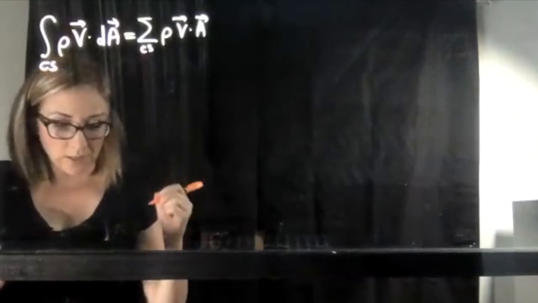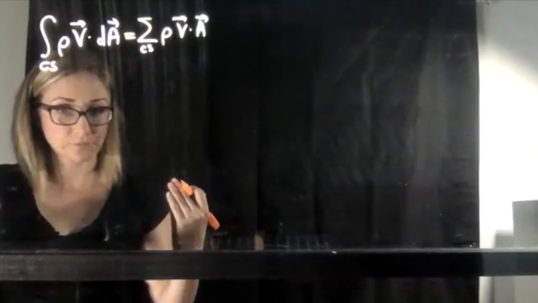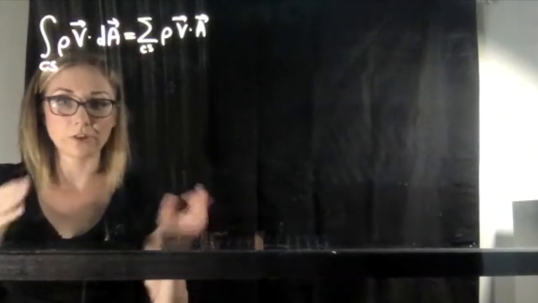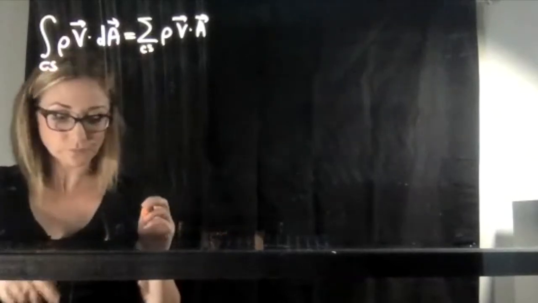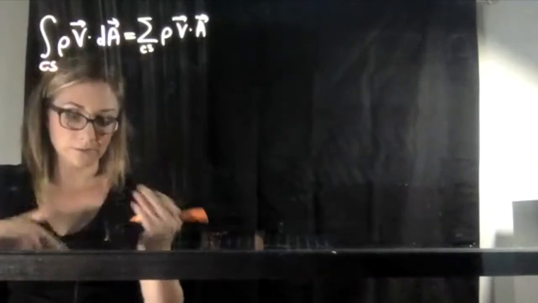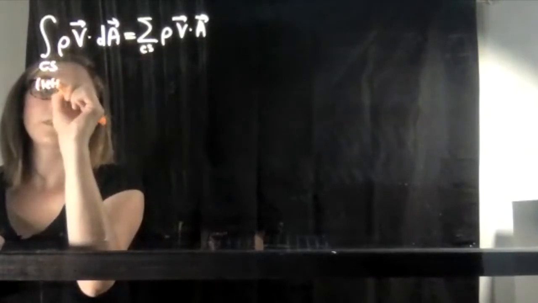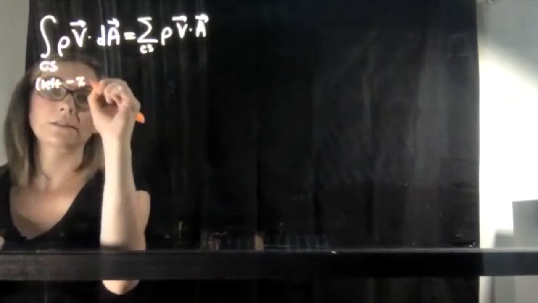All right, and so we're going to leverage our Taylor series expansion of each of our terms at these faces. And I'm going to write down what this looks like for all 6 of the faces. Okay, so starting with the left face, which would be the negative x direction.